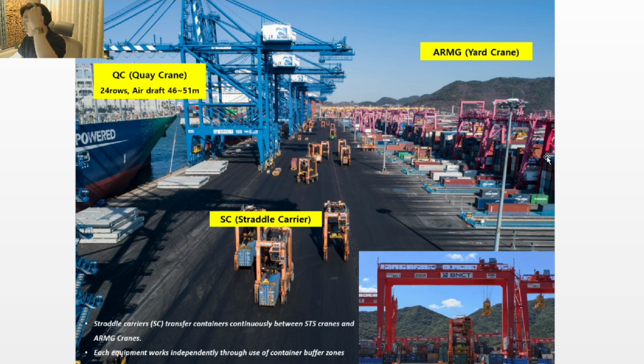And the last part is about terminal equipment. In this picture, you can see colorful terminal equipment, like the blue one and the red one. And this blue one is the QC. QC stands for quay crane. The official name is quay crane or container crane.